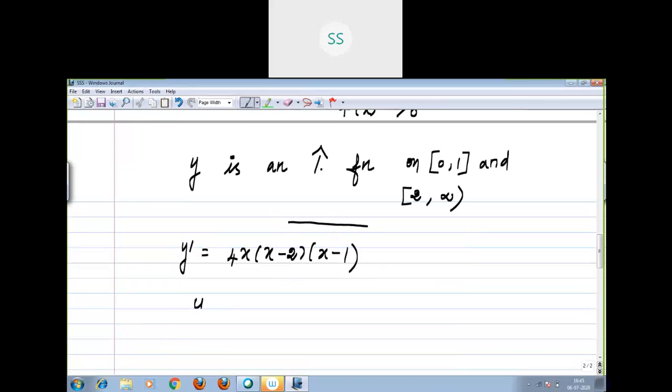Y dash equal to 0, right? X is equal to 0 means y dash equal to 0. X is equal to 1 also, y dash equal to 0. In between value, that I proved already, x is equal to 1 by 2.